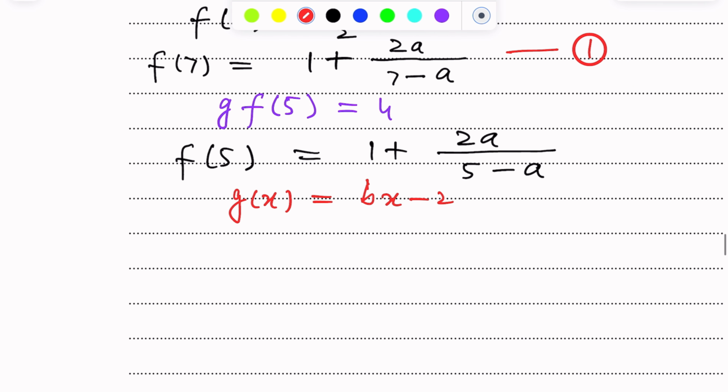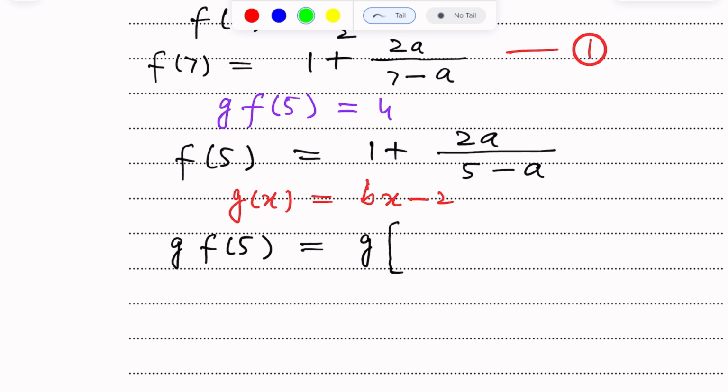Now g(f(5)) will be g of the value of f(5), that is 1 plus 2a over 5 minus a.